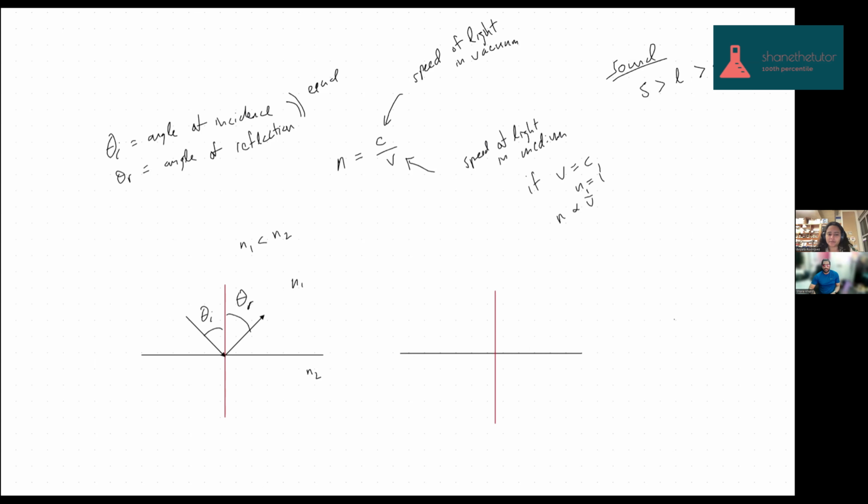I think I need to know that N2 is larger than N1. I think it'll bend... well, I don't know. Right now I'm taking a 50-50 guess.